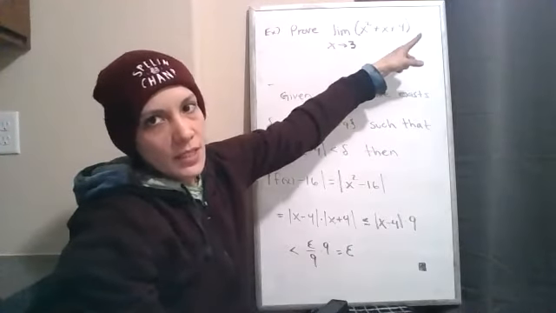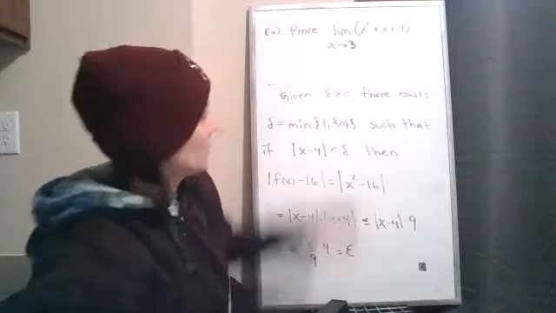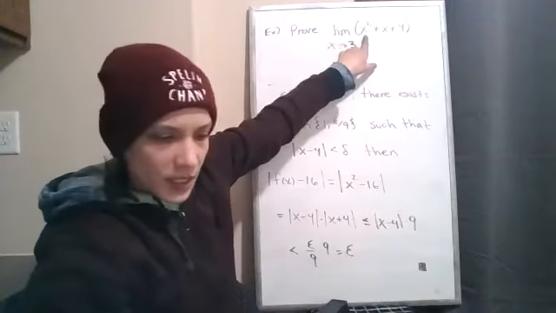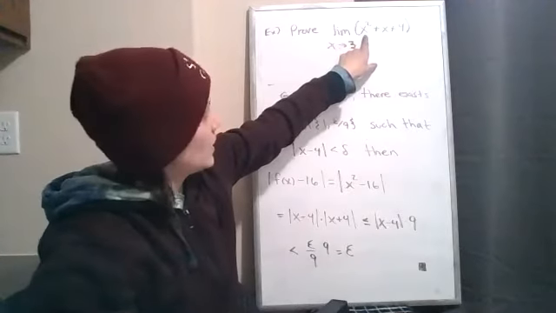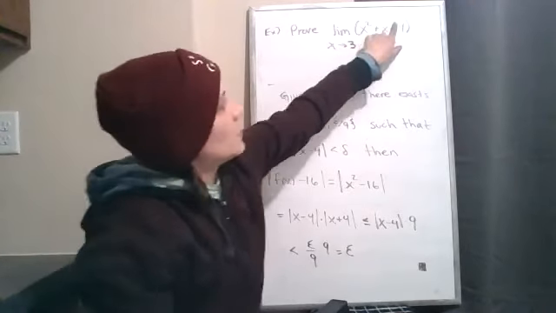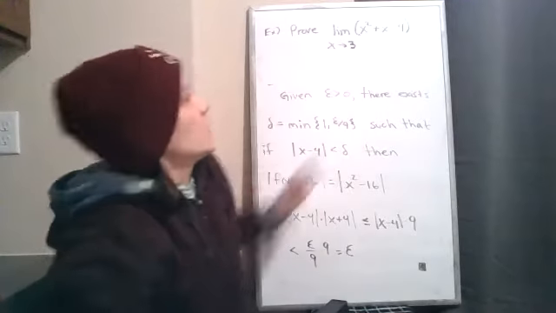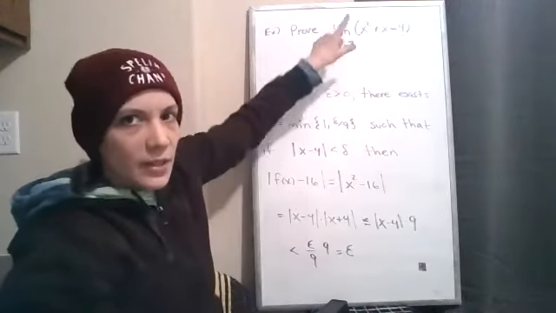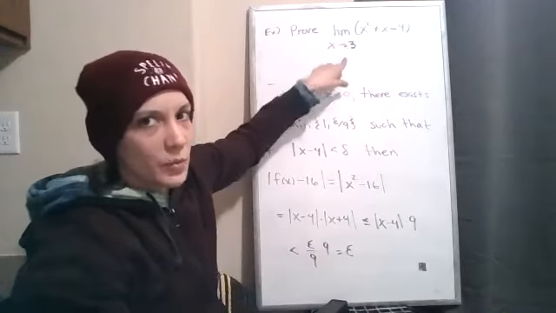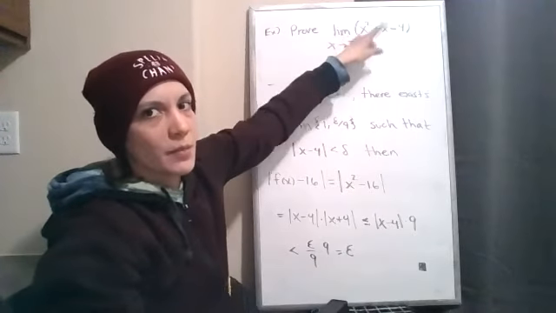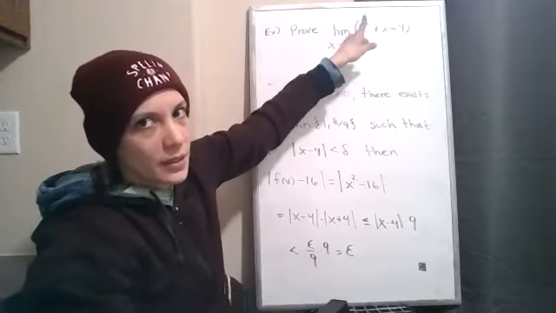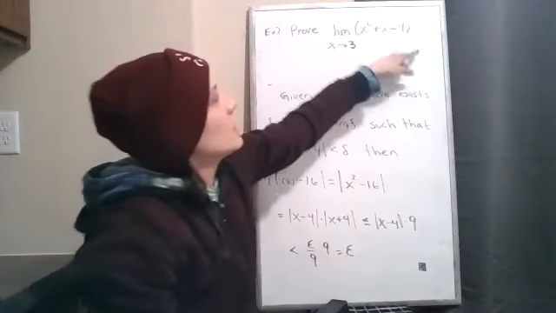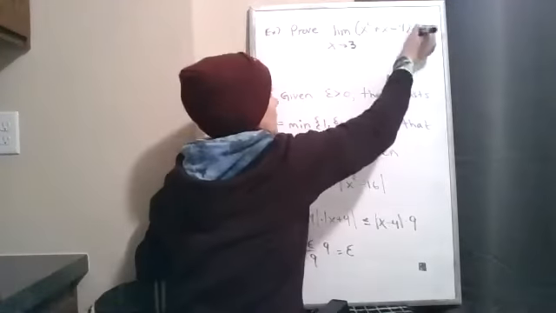So this limit should be 16. Oh, hang on, something went wrong. 3 squared is 9. This is a minus sign, that's why. It didn't match my problem. So it's the limit of x squared plus x minus 4. When you put in a 3, 9 plus 3 minus 4 equals 8.